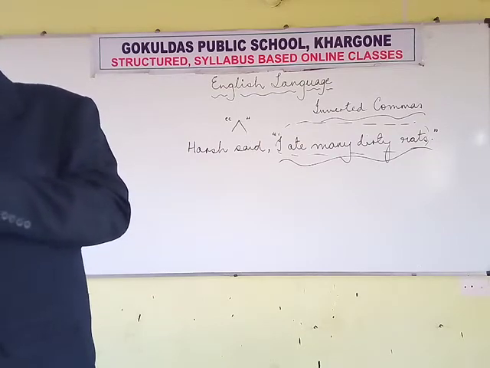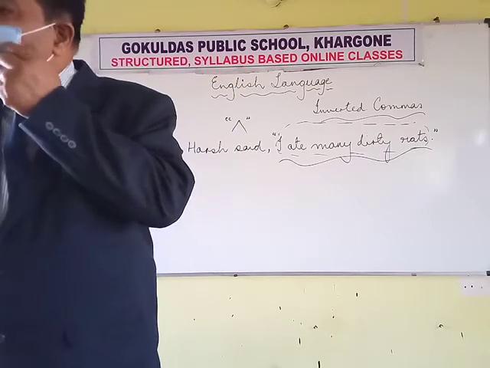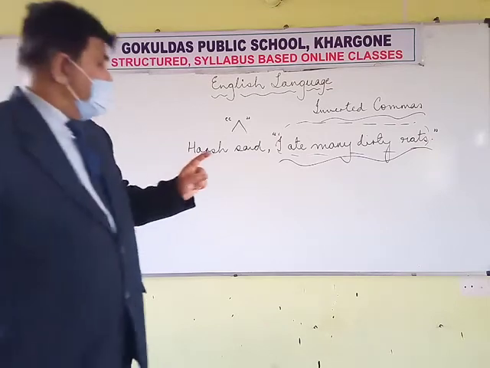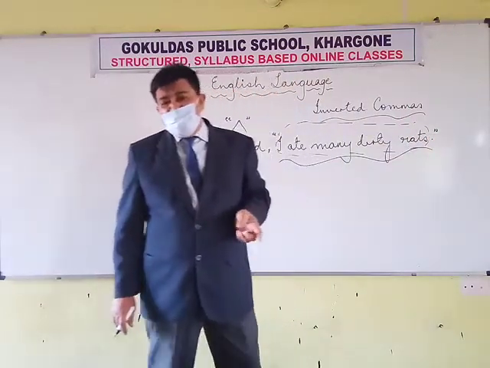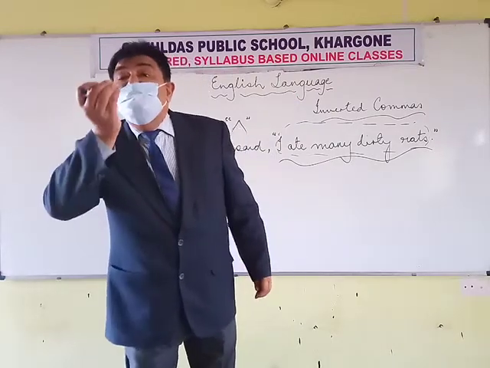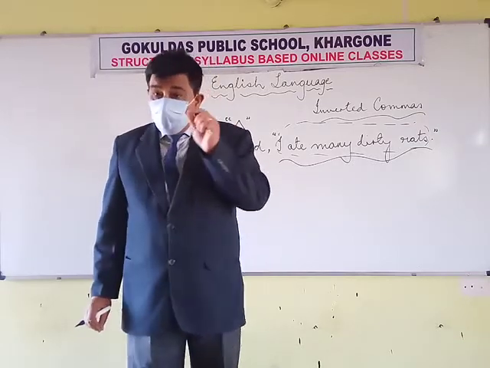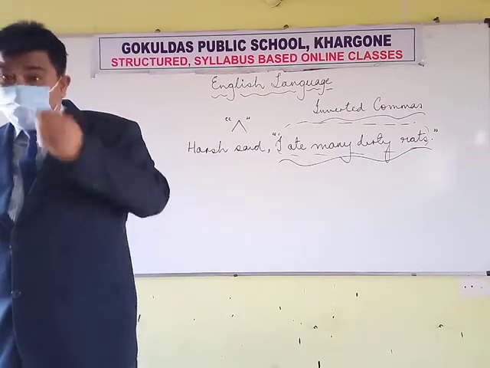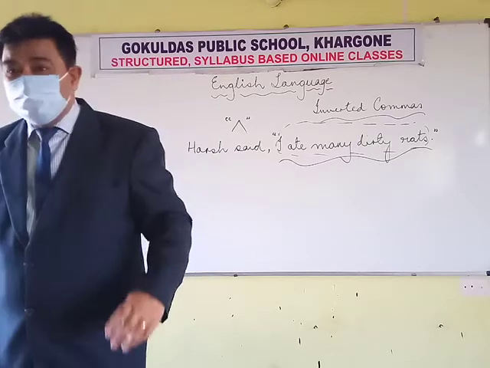So we never write in the direct speech. You always have to write in the indirect speech. That is why I say we don't often use these. But in case you want to quote somebody's words, which means you want to say the exact words used by a person, then you will have to use inverted commas.